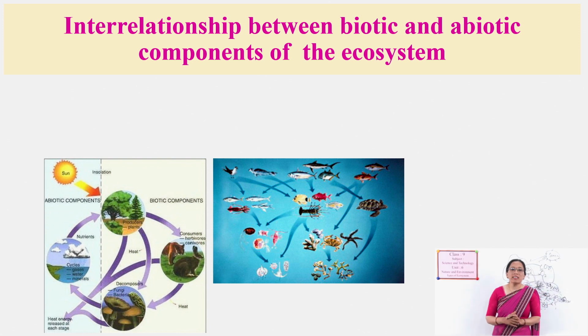Now, what is the interrelationship between the biotic and abiotic components of the ecosystem? See, on this side there are abiotic factors, and these are biotic factors. We have discussed so many times in the terrestrial ecosystem also, in the pond ecosystem also, that all the living organisms depend on the plants for their food.